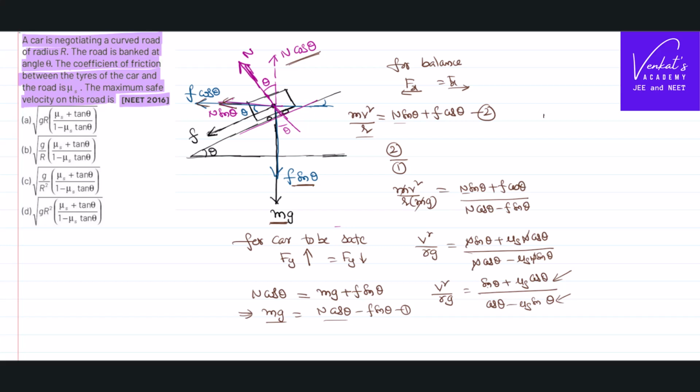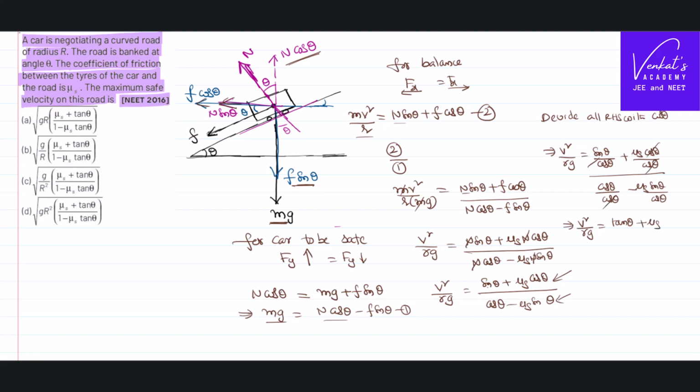V square by Rg equals sin theta by cos theta, which is tan theta, plus mu s; cos theta and cos theta cancel.